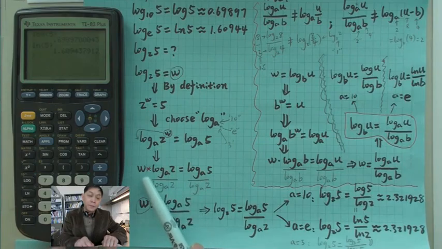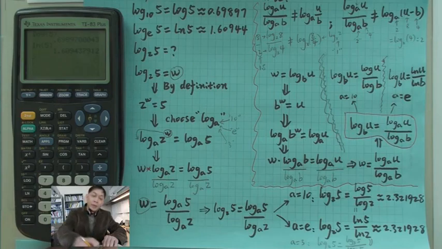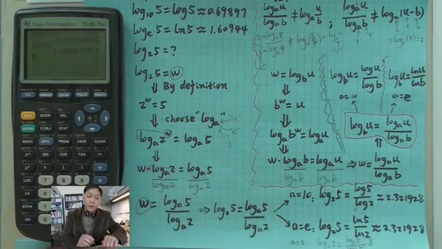Now both sides divided by log base a of 2, so we may cancel this log base a of 2, we may cancel this. Then we end up with w equals log base a.